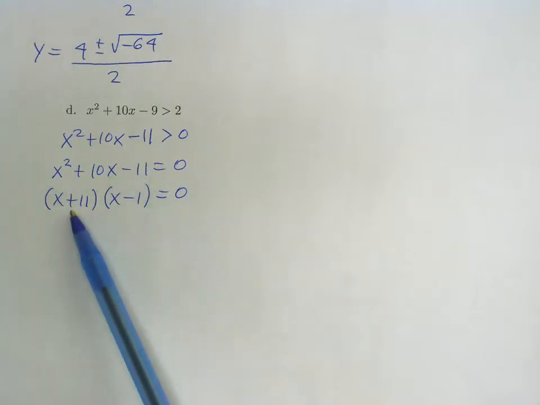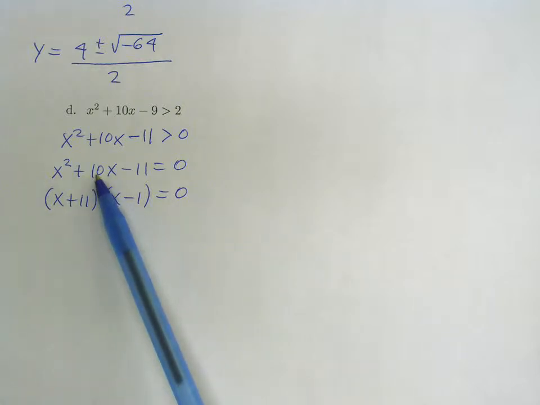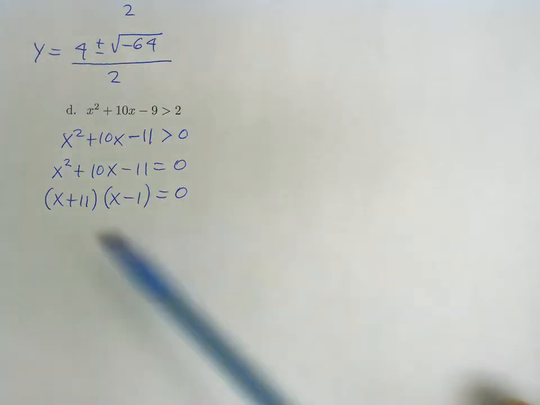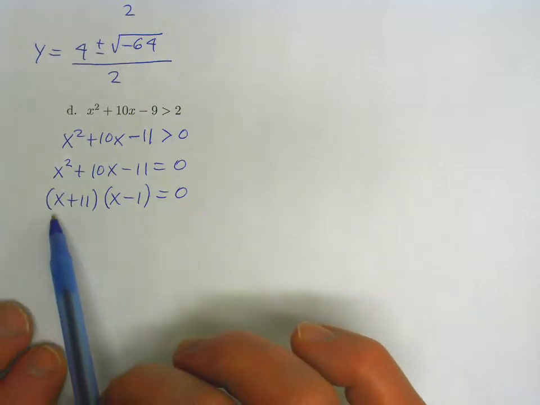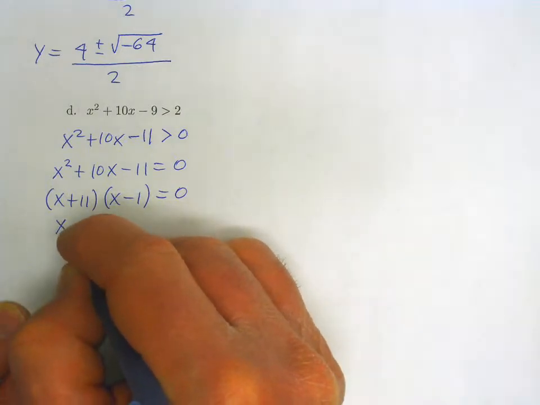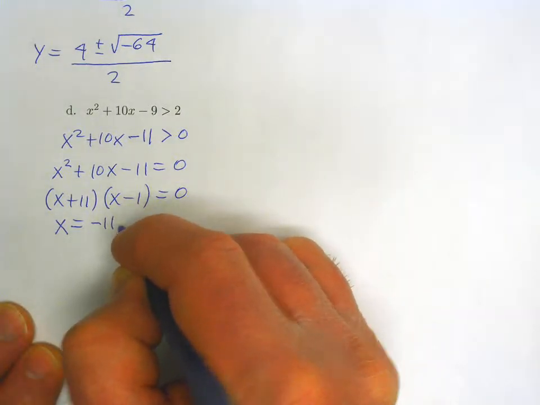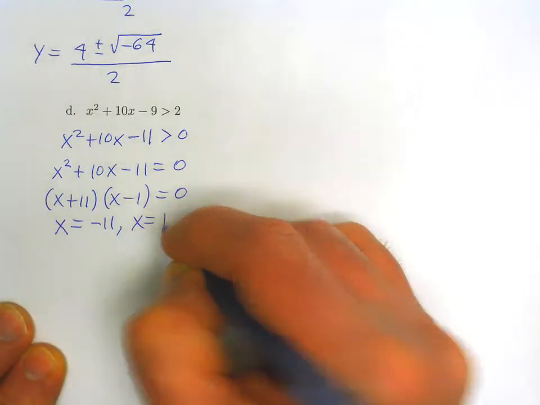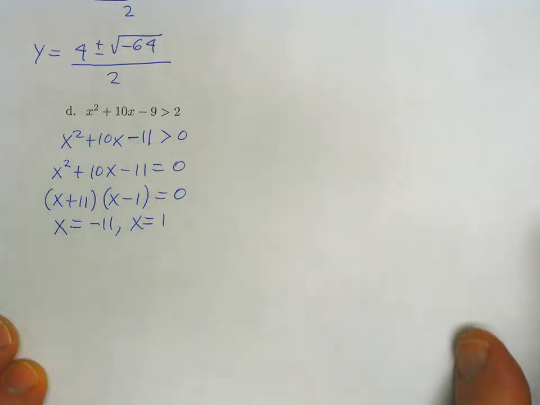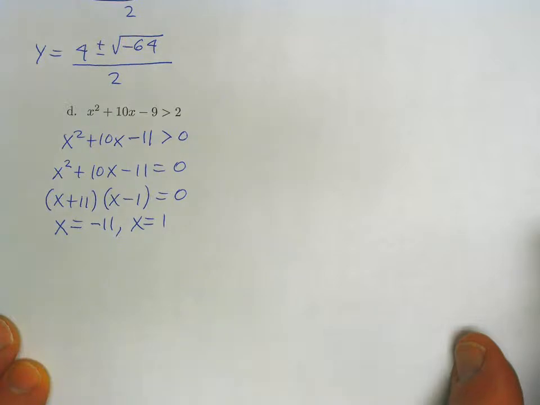But when you add positive 11 to negative 1, you should get positive 10, which is what you see there. So that's a quick way to verify that the factors are correct. The quadratic equation has two solutions. One is negative 11. The other one is positive 1. So those two numbers will divide the number line into separate intervals.